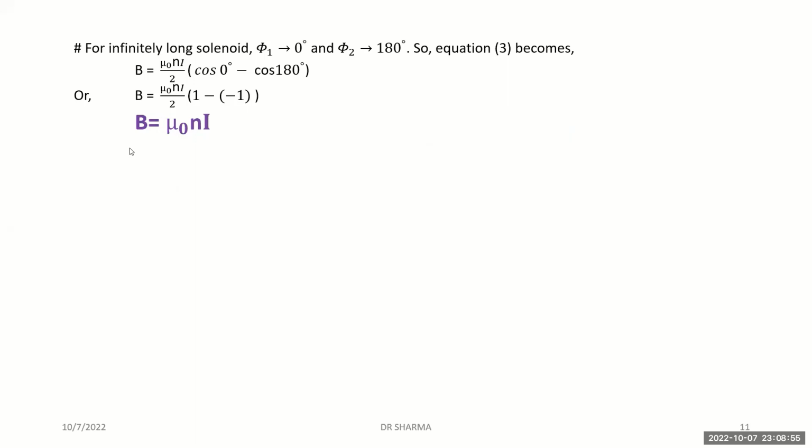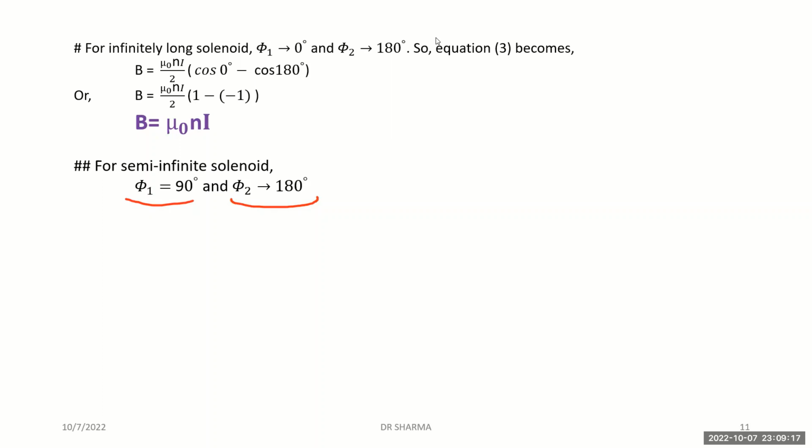Now, if the solenoid is semi-infinitely long, that means we are calculating magnetic field at one end of the solenoid. Phi 1 is equal to 90 degrees and phi 2 tends to 180 degrees.